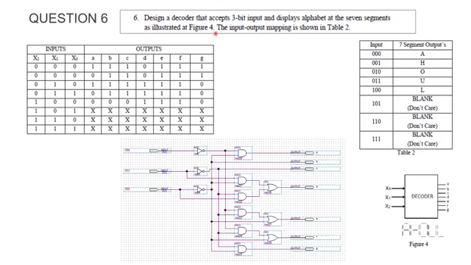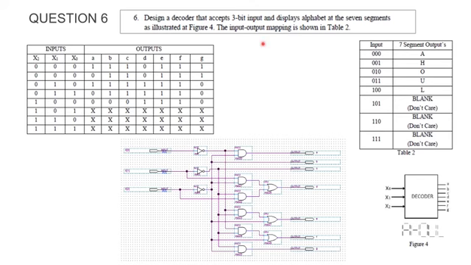Question 6. Design a decoder that accepts 3-bit input and displays an alphabet on the 7-segment display as illustrated in figure 4. The input-output mapping is shown in table 2. We need to design a decoder. The example of the decoder uses 3 bits, which are x2, x1 and x0.